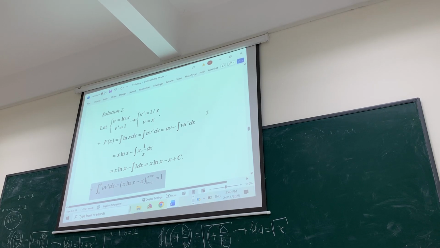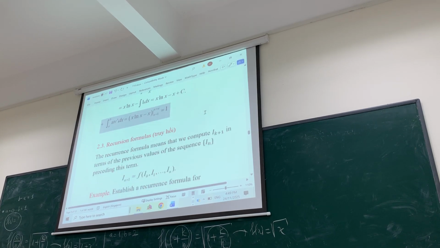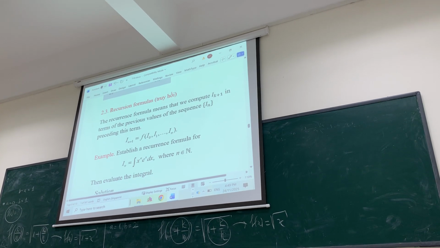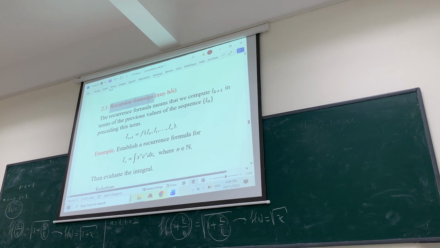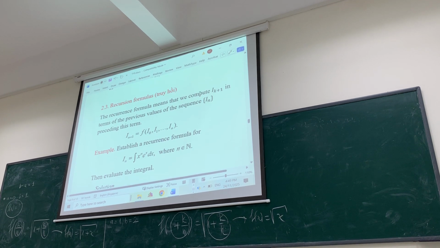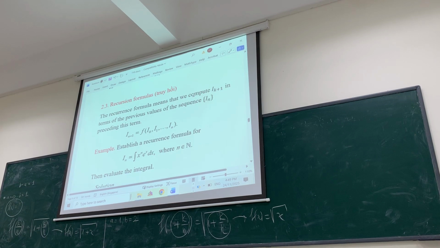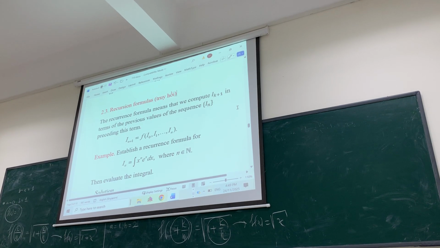Now, to continue, method 3 is the recursion formula. Recursion formula means that we can compute the value I sub n plus 1 from the previous values of the sequence I sub n.